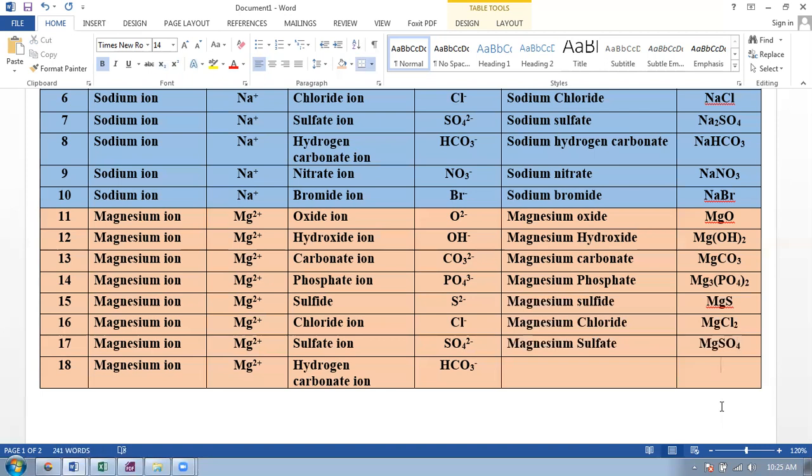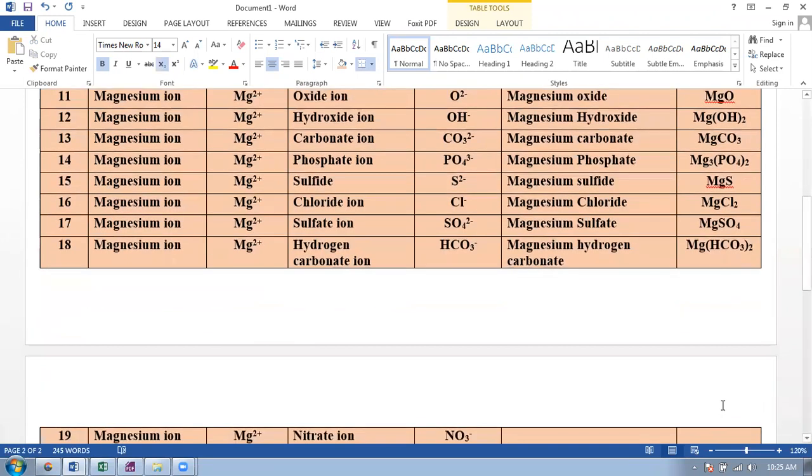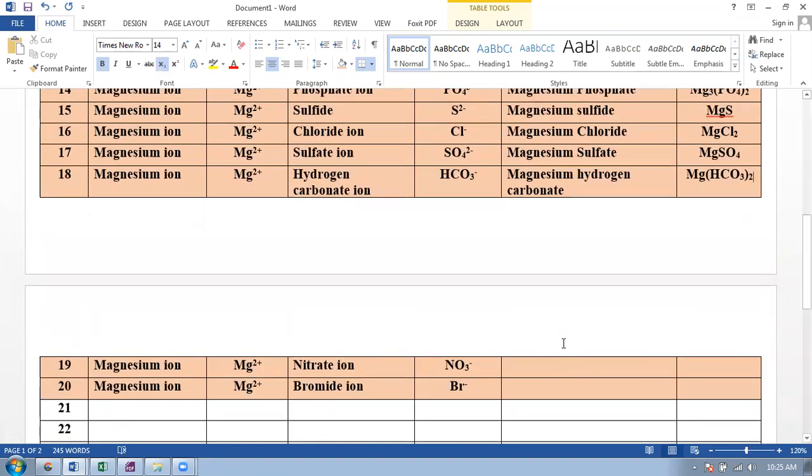Magnesium hydrogen carbonate is Mg(HCO3)2. So magnesium has 2, that 2 is here in lowercase, and hydrogen carbonate has 1 minus charge, and that is not necessary to mention here. And do not forget to interchange the charges.